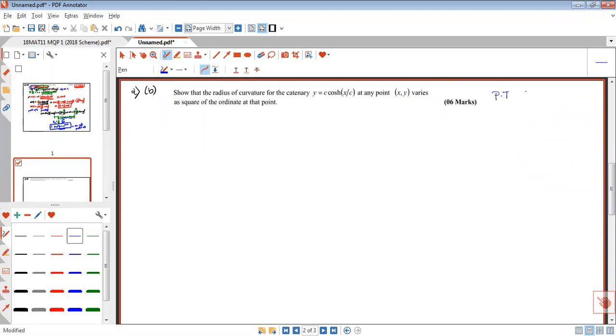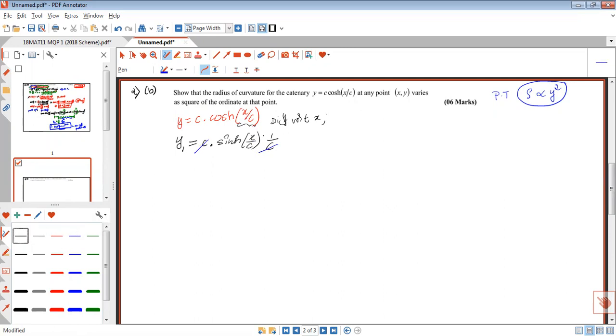I want to prove rho is proportional to the square of the ordinate. So the given curve is y equals c times cos hyperbolic x by c. Differentiate with respect to x. It's a Cartesian curve. So y dash, or y1, is equal to c, which is constant, times the differentiation of cos hyperbolic, which is sin hyperbolic x by c, and the differentiation of the inner term x by c is 1 by c, and c gets cancelled here.